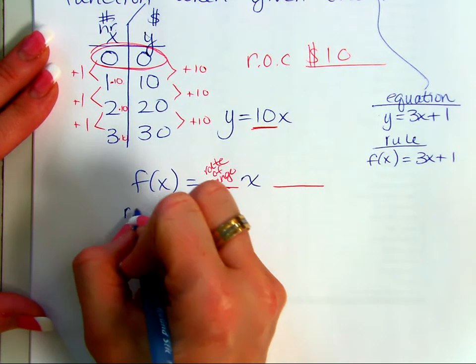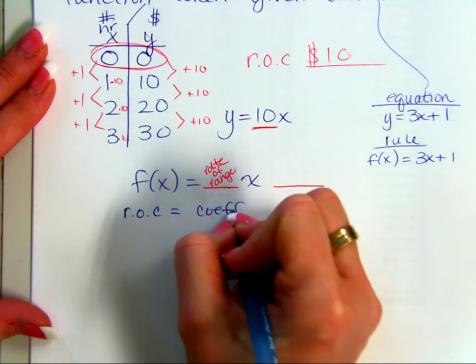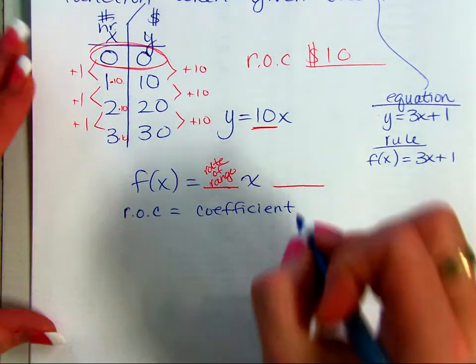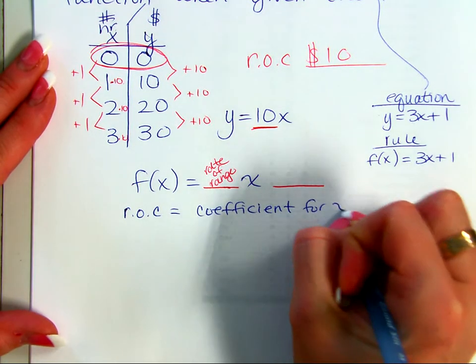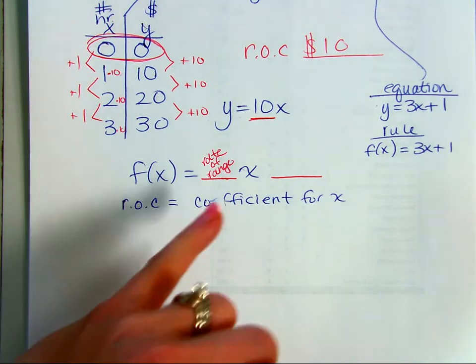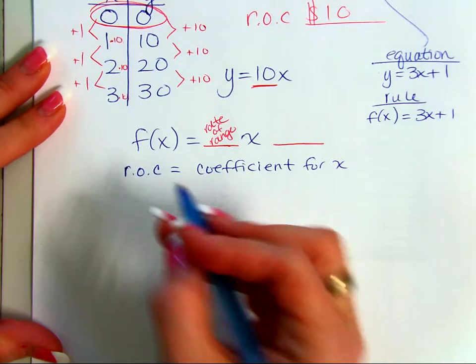So the rate of change is really the coefficient. And if you remember from Unit 1, the coefficient is the number in front of the variable, right? It's the coefficient for your x. Which then means, why do I have a line after the x? We'll leave that blank for a second, and I'll let you guess what that blank is for.